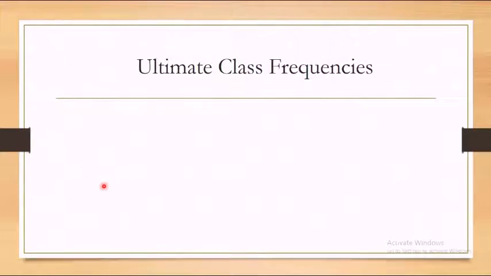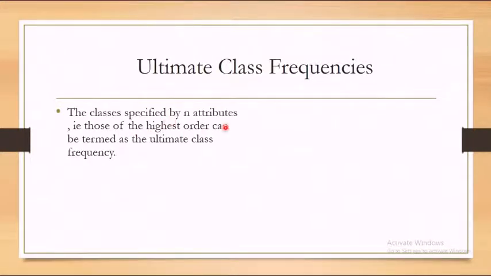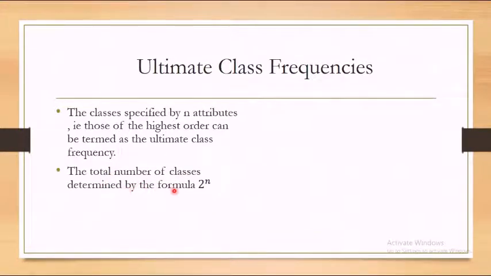Now let's have a look at what is ultimate class frequencies. Now you know what class frequencies are. Now you have to study what ultimate class frequency is. The classes specified by n attributes, that is those of the highest order, can be termed the ultimate class frequency. The total number of classes is determined by the formula 2 raised to n.